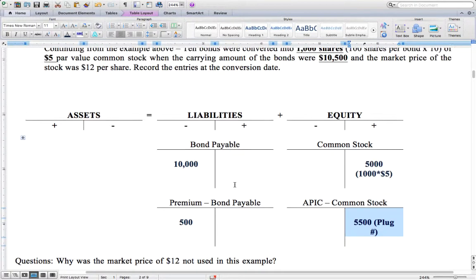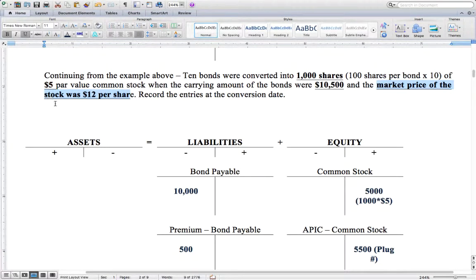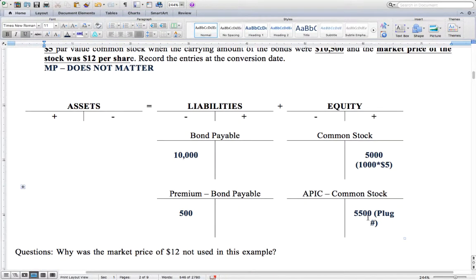Please note the market price does not come into play in this example. I do not want you to get confused and think that when you see that value you need to take 12 minus 5, which equals 7, and then record 1,000 times 7 like you normally would have in the additional common stock. That is not how it works for convertible bonds, and the reason is because you amortize the premium over the life of the bond.